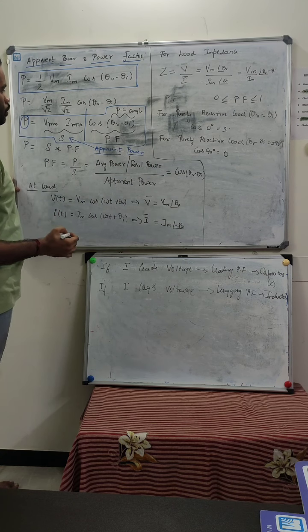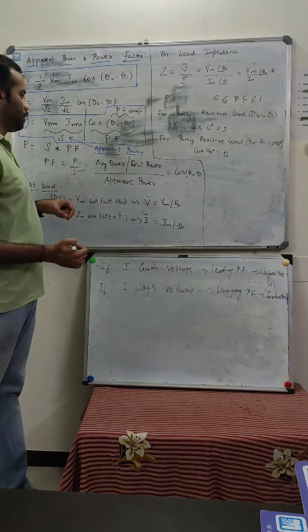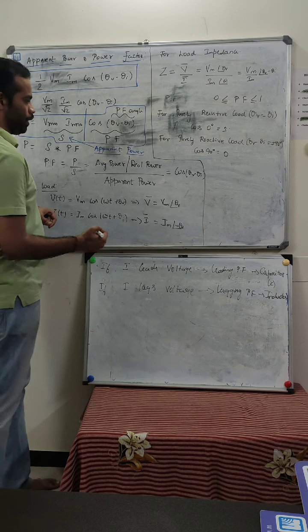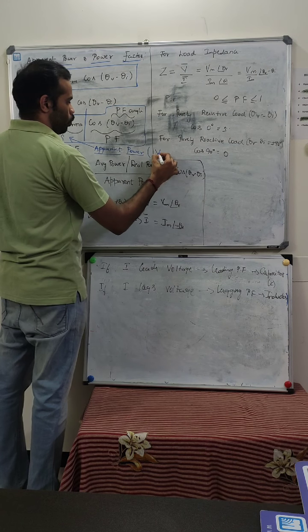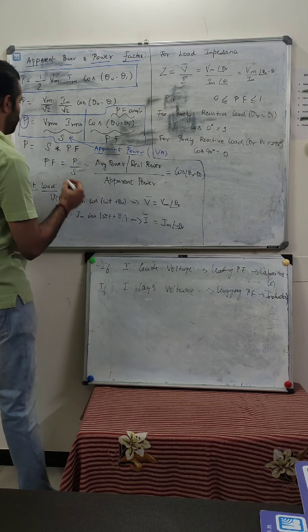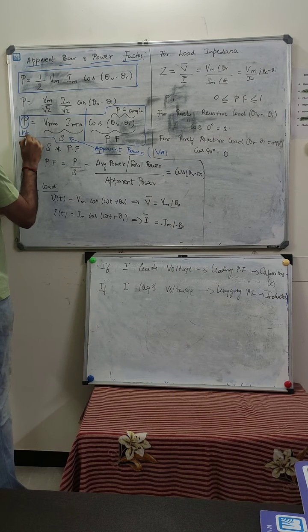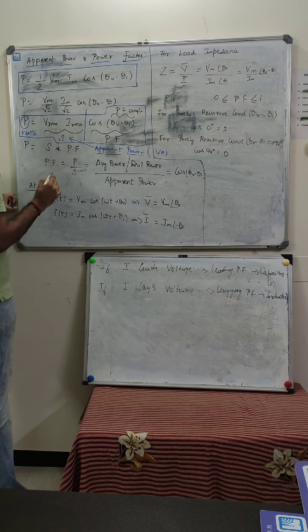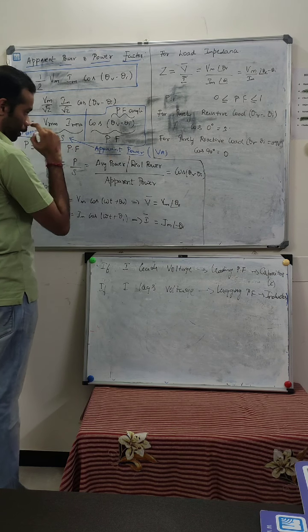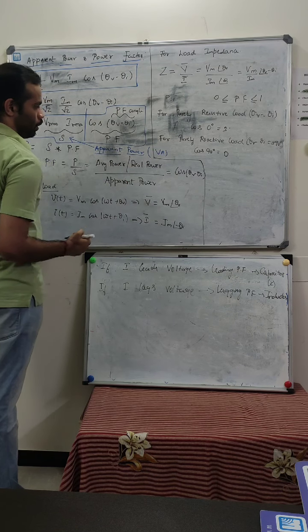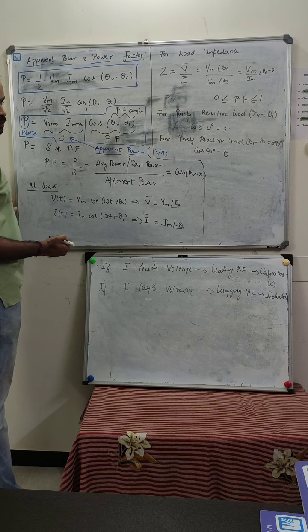The product of the RMS voltage and current is said to be the apparent power, and generally it is measured in terms of volt amperes. So your real power is measured in terms of watts and your apparent power is measured in terms of VA, volt ampere.